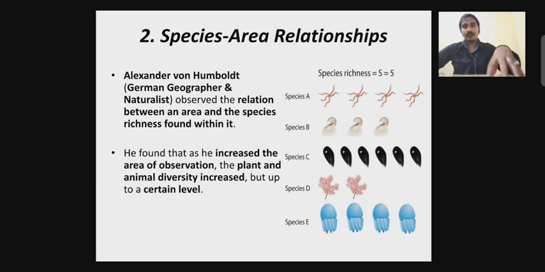But that will be also up to a certain extent. If we think that by continuing to increase our radius we will keep getting a very high number of species compared to the earlier ones, then it is not the case. Definitely with the increase in area we observe the increase in species diversity, but only up to a certain level.